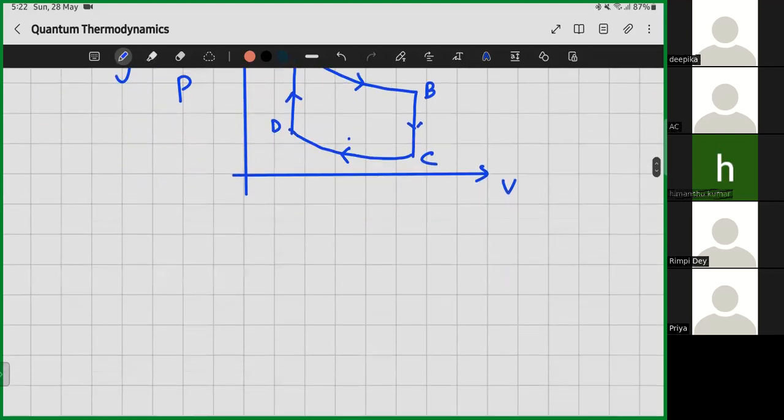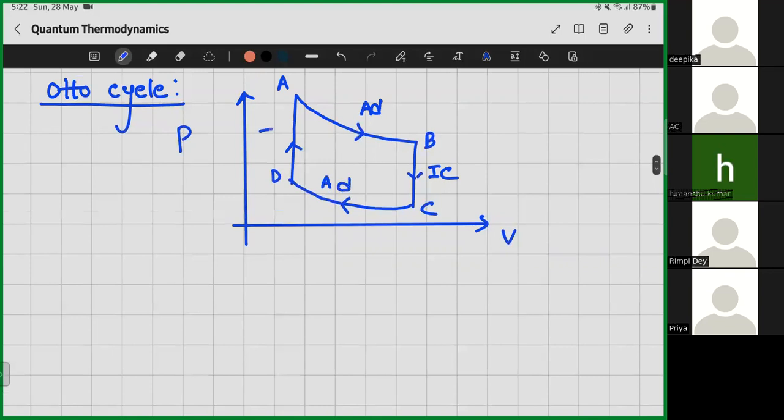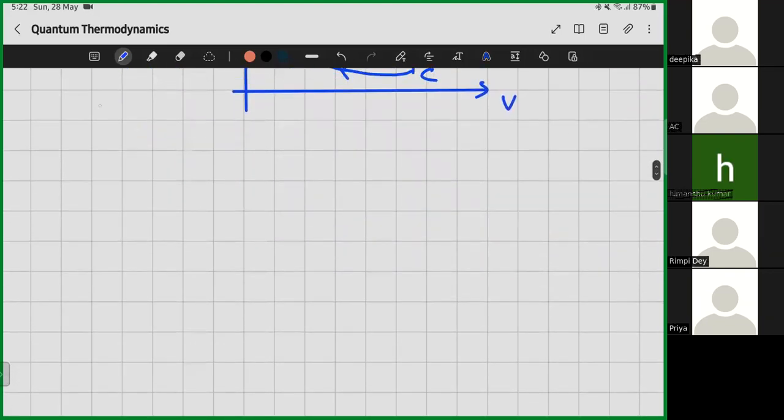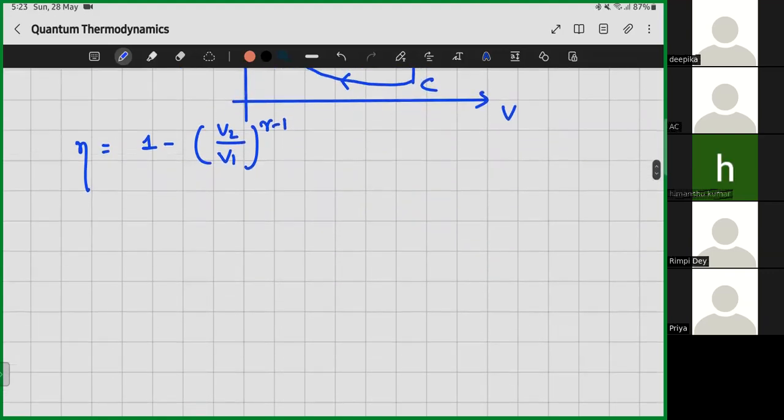For this Otto cycle, I think it's understandable. This is isochoric. This is adiabatic. Isochoric. This is the efficiency for the Otto cycle.